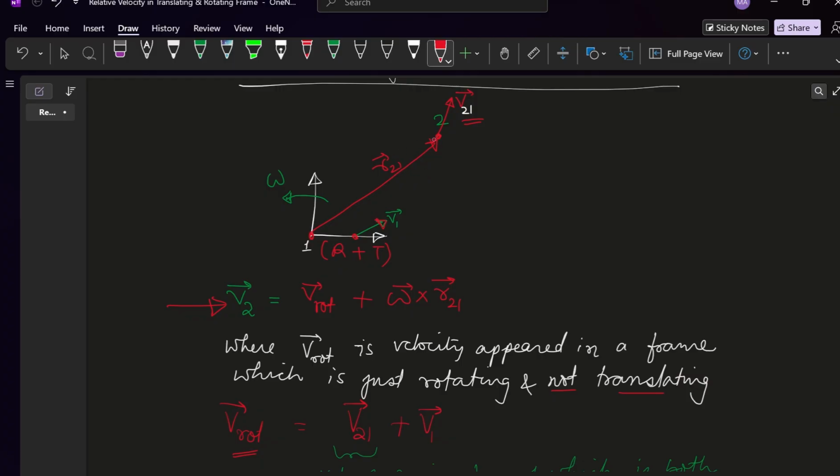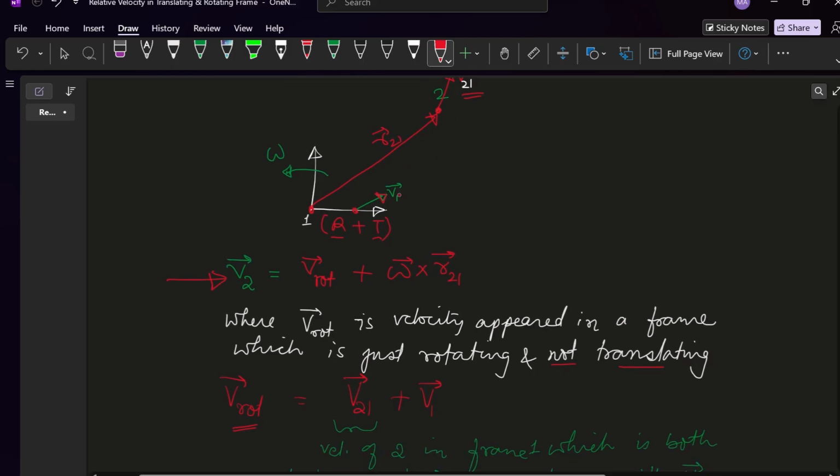Now, if he comes down to the second frame, which is just the rotating frame, how do we find it? For example, if you come down to the ground frame, you add the velocity of that frame. Similarly, we are in frame 1, which is rotating plus translating, and we are coming down to frame 2, which is just rotating.